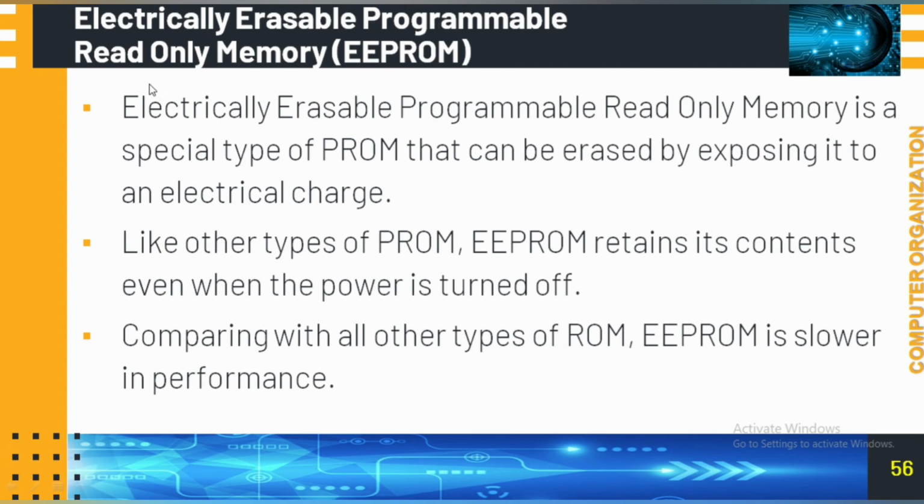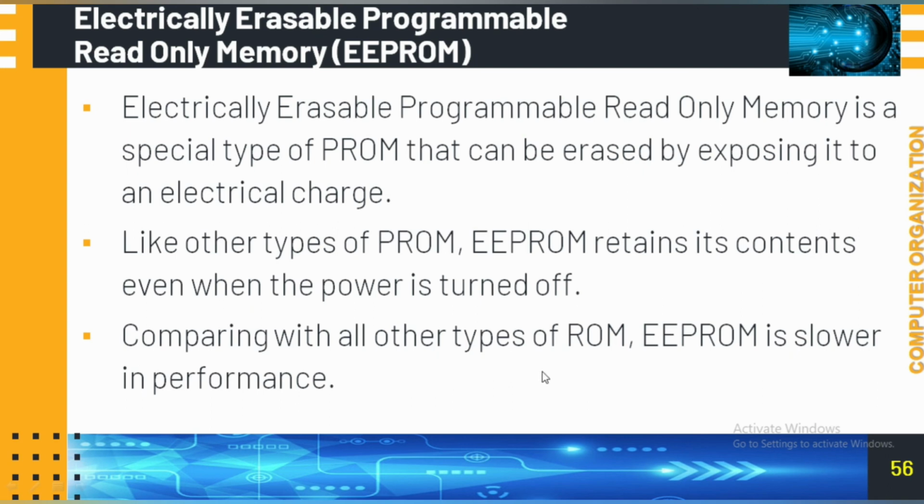Electrically erasable programmable read-only memory. Another type of ROM is EEPROM. This is a special type of PROM that can be erased by exposing it to electrical charges. Like other types of PROM, EEPROM retains its content even when the power is turned off.